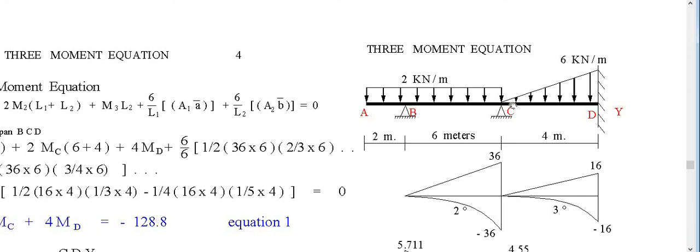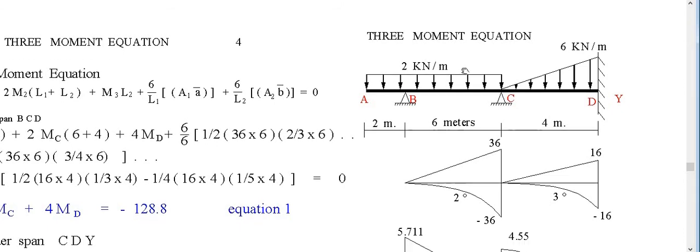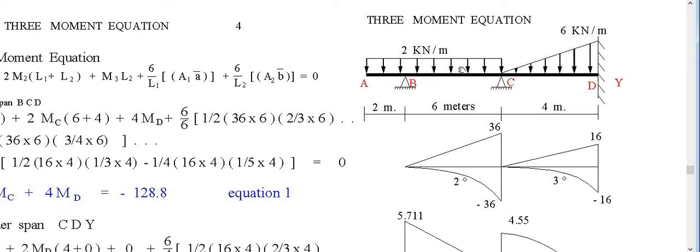Remember, this is a simple beam. AB does not exist, CD does not exist, only simple beam BC. So the moment due to the uniform load going to C is 2 times 6, times 3 from the center going to C. So 2 times 6 is 12, times 3 is 36.